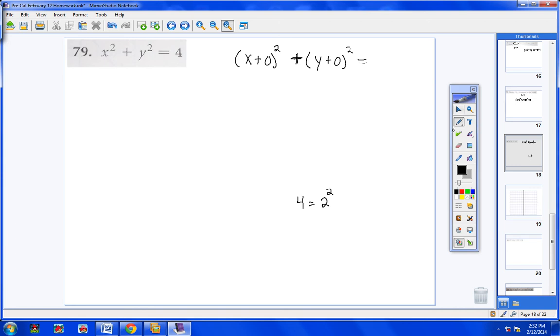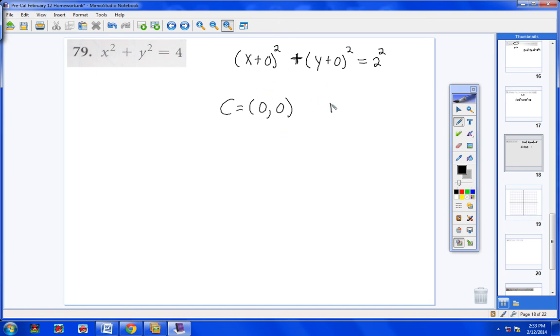So I can put 2 squared in place of 4. Now I'm pretty much all set. I know the center of my circle is (0, 0). If you want to change the signs and put negative 0, that's fine, but 0 is really neither negative nor positive. It's just the boundary between positive and negative numbers. Either way, your center is (0, 0).